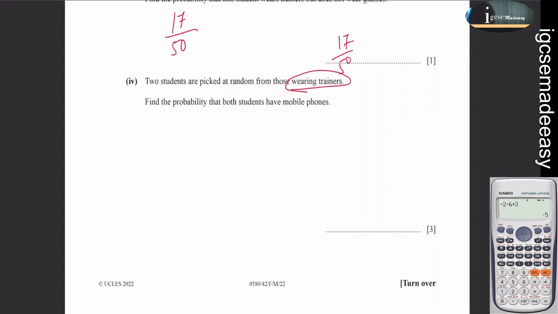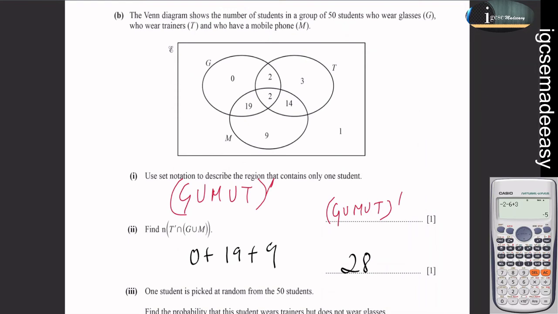Out of 21 students, find the probability that we have to take two students, right? Find the probability that both students have a mobile phone also. Now it is given that we are selecting from the students who are wearing trainers, but they are also asking us to pick the students from the trainers who are using the mobile phone also.